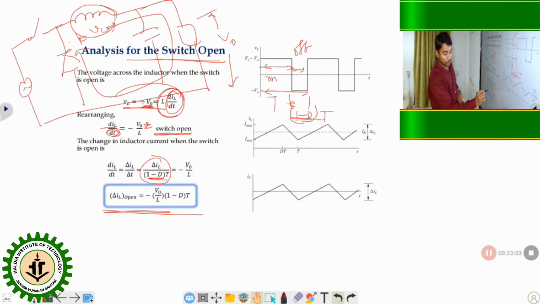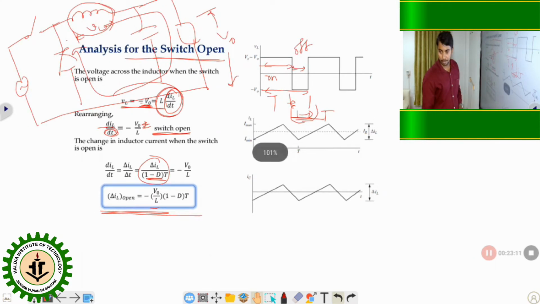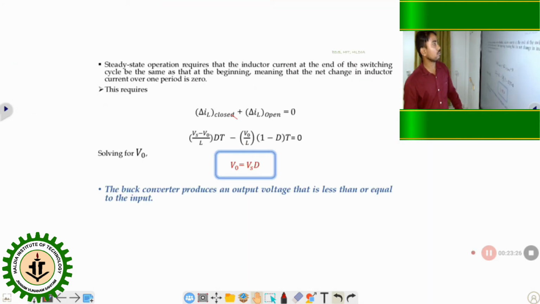So this is the inductor current change when the switch is open, and in the previous case we also calculated del IL close, when the switch is closed. Then we know that for steady state operation, the net change in inductor current must be 0. What does this mean? This means that the inductor current at the end of the switching cycle is the same as at the beginning.